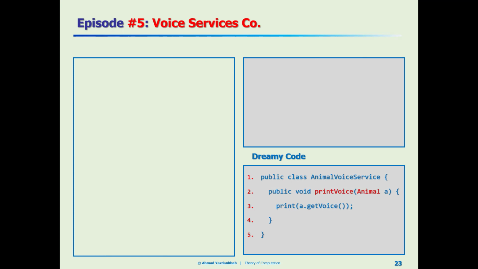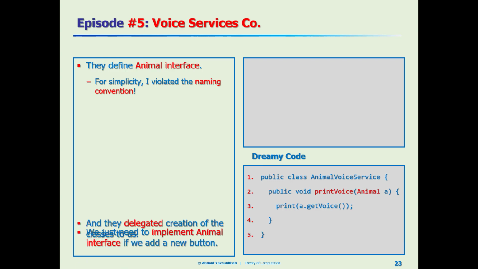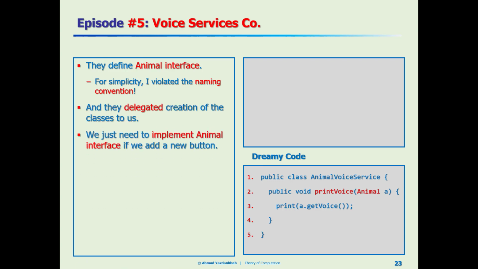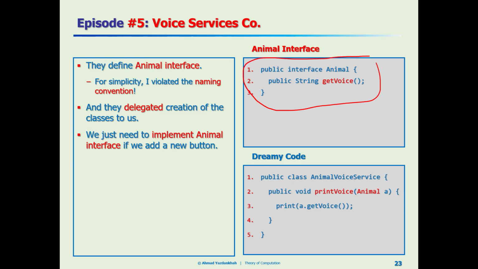So let me summarize what I said here. They will define an interface like this. You see, this interface will be created by them, right? And this is a generic animal. It means that it is a template, a conceptual thing, and they will create this abstract method.